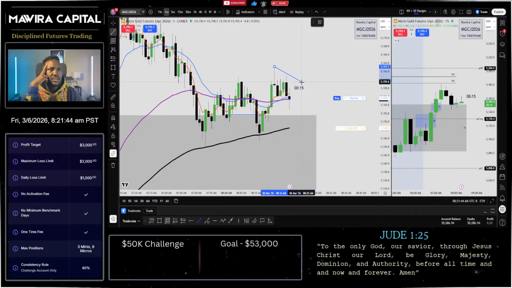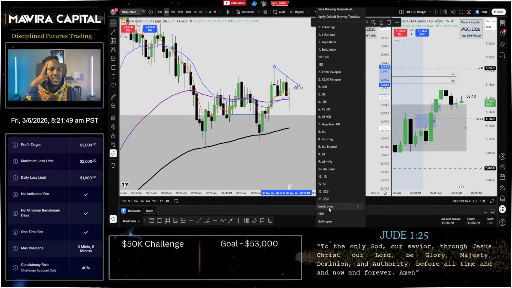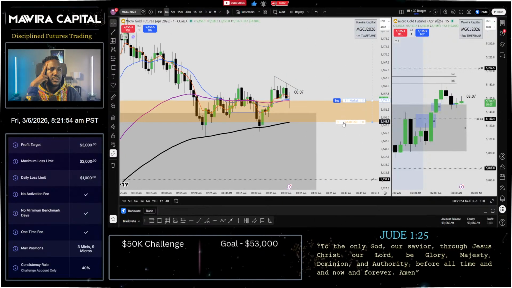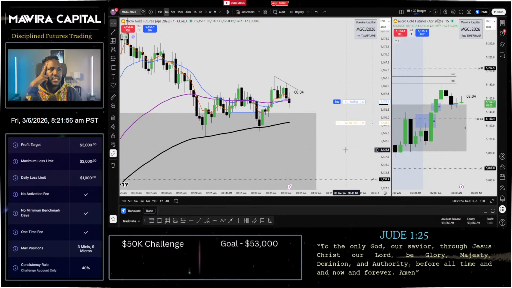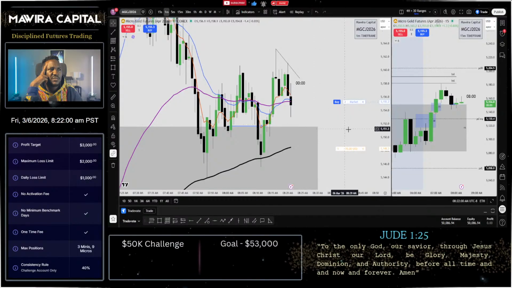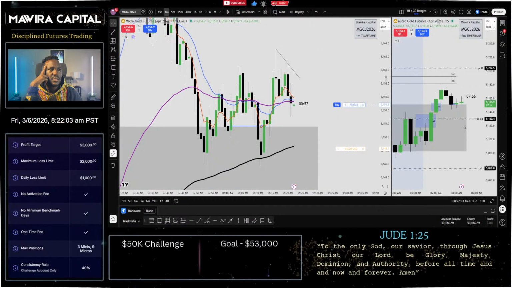If that maintains, I'm good. Once we close above that line, I'm in this trade. We're gonna take it. Stop loss just at the black EMA there. As long as that blue does not cross below the 50, we're taking that trade. If it closes below, then that shows me probably not enough momentum for a long.